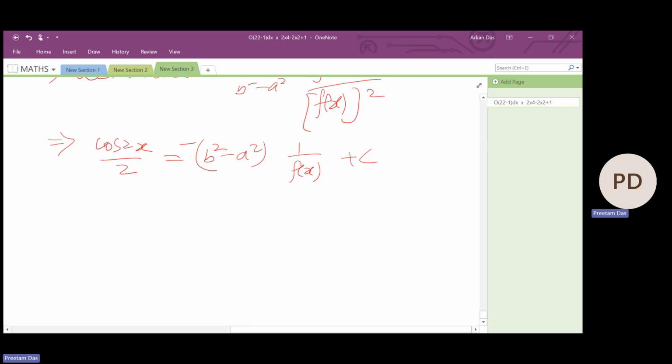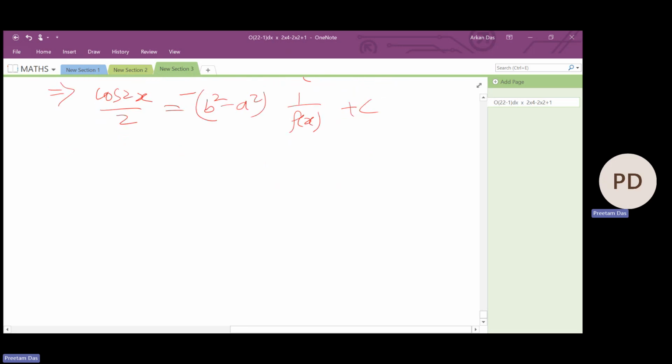We can clearly see there is no c, there is no constant in the option. So that means they are considering this c to be 0. Okay. So now when you simplify this, you will get this. Finally, when you do this, you have got f(x).